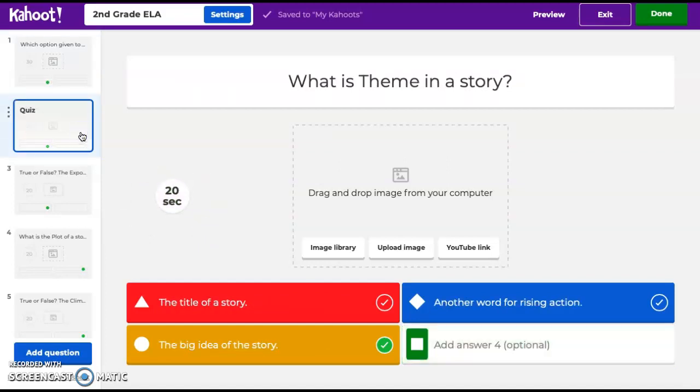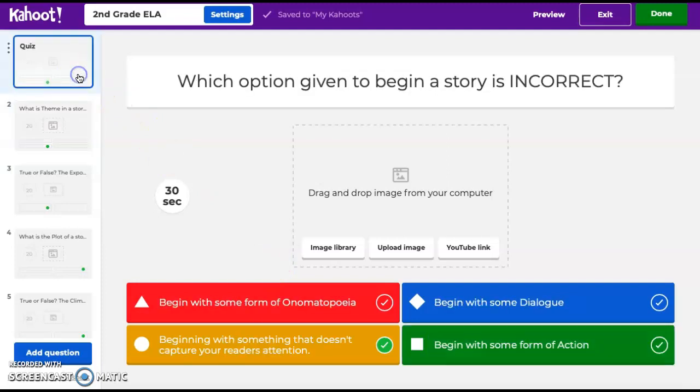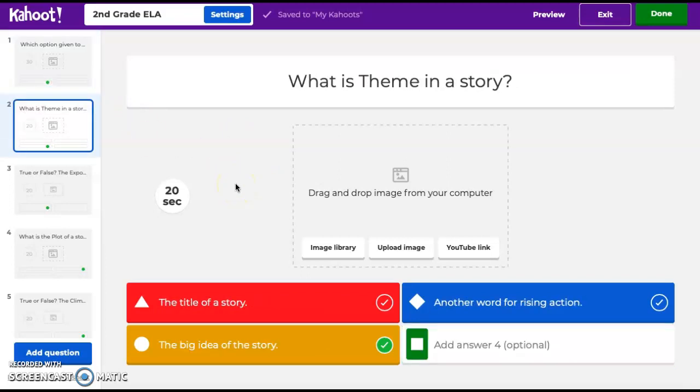The second question I have is what is theme in a story? If you look at this question, the previous question had 4 options for the answer, whereas the second one only has 3, and so I have given only 20 seconds for this question instead of 30.